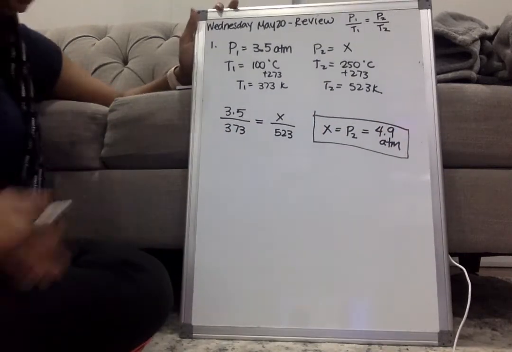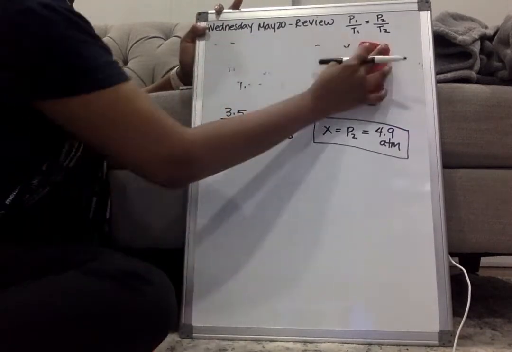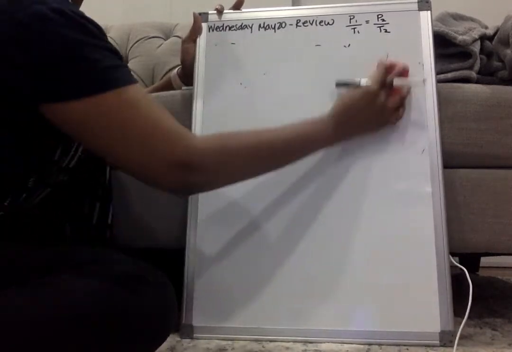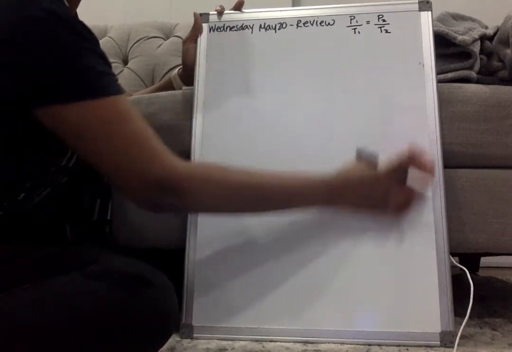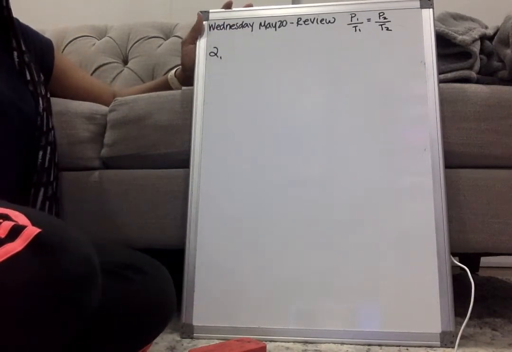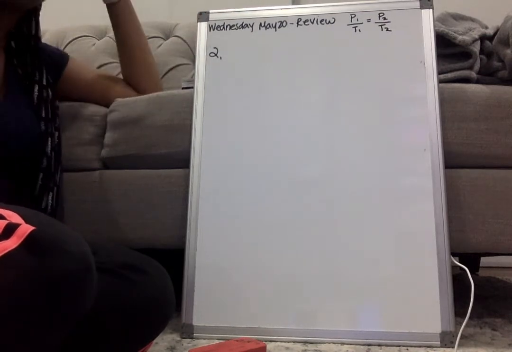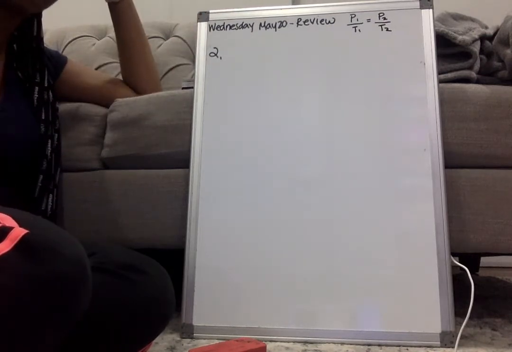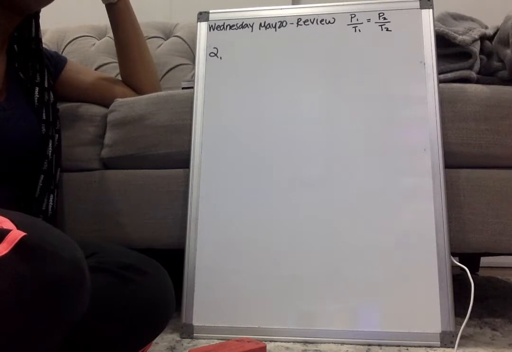Moving on to number 2. We have a volume of 800 milliliters of helium gas at 55 degrees Celsius at 0.344 atmospheres.